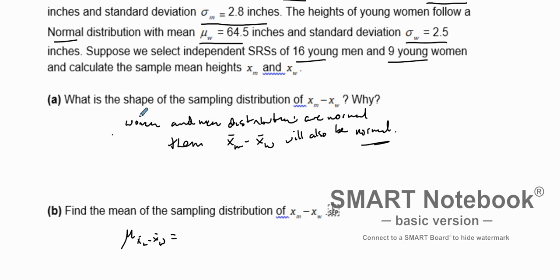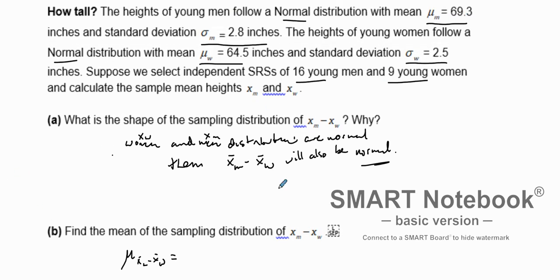We know the mean for the men is 69, because the sample mean will equal the population mean. Then we subtract the women's mean, which is 64.5 inches. And that difference is simply going to be 4.8 inches.